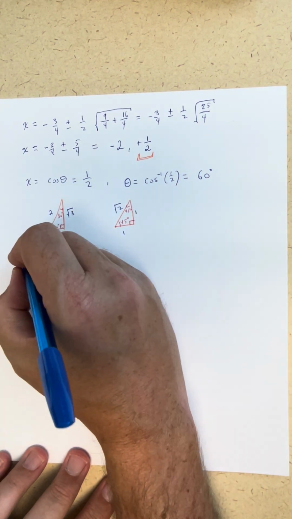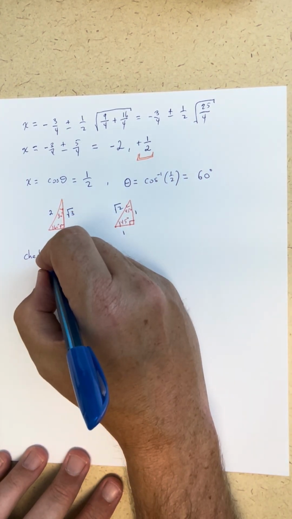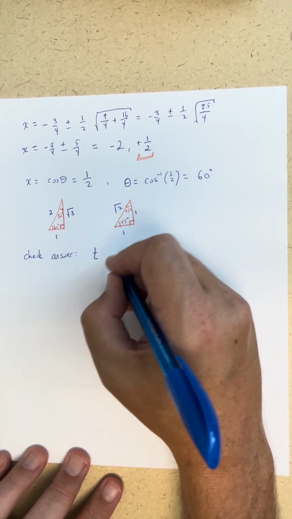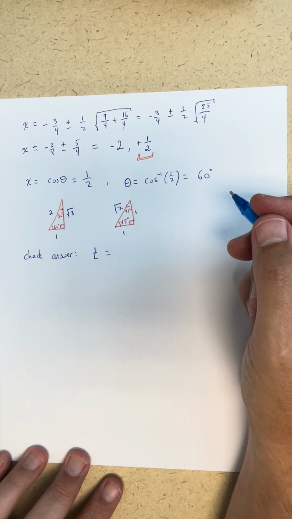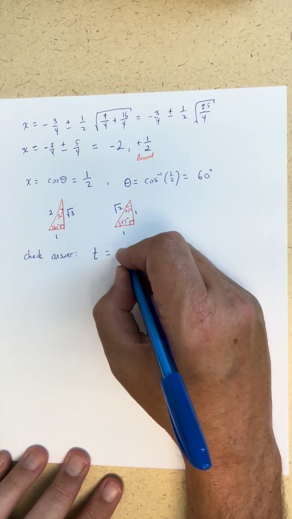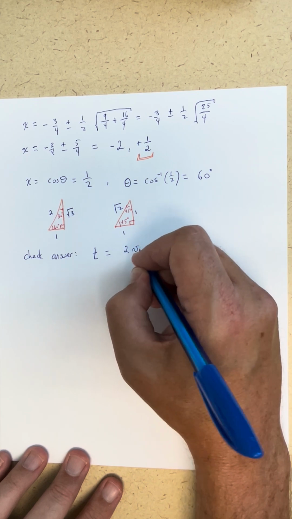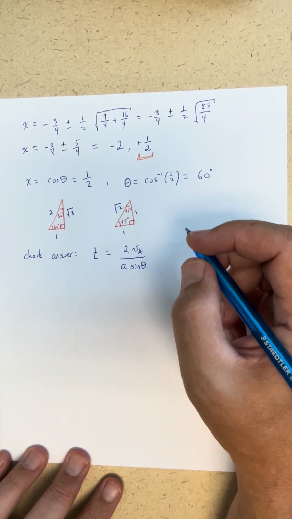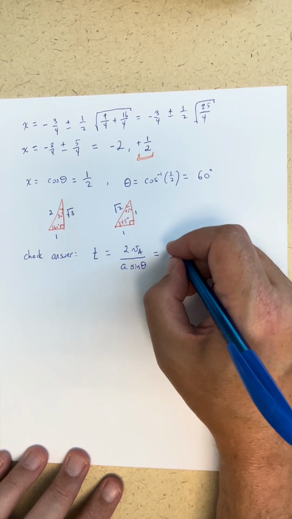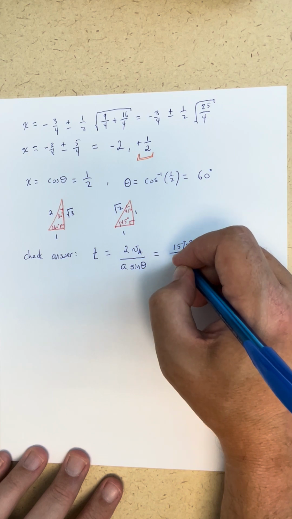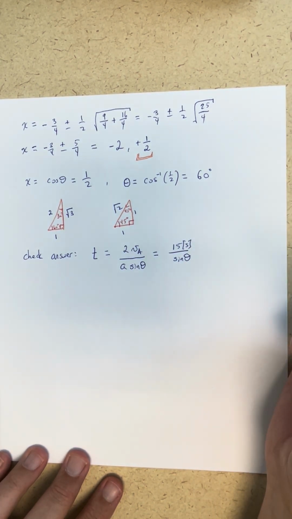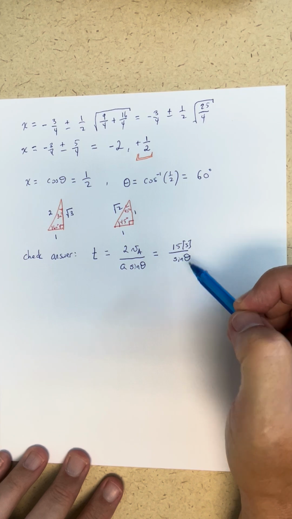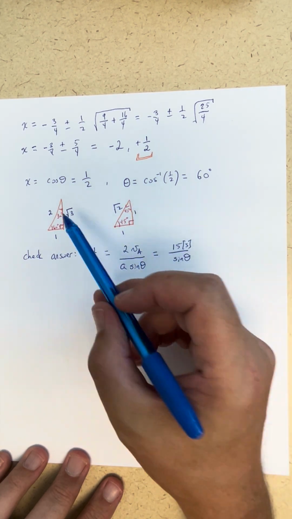All right. So let's check our answer. When does this collision happen? It happens at a time, we got the where. Now let's do the when. 2 times the speed of puck A over the acceleration and sine of theta. And we had found before that was 15 seconds over sine of theta, and sine of 60 degrees is going to give me √3 over 2.